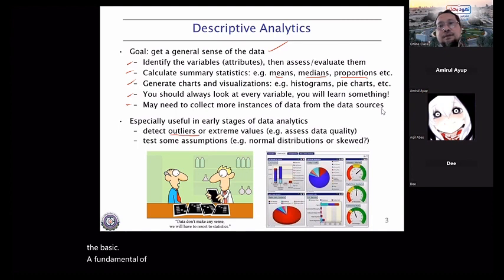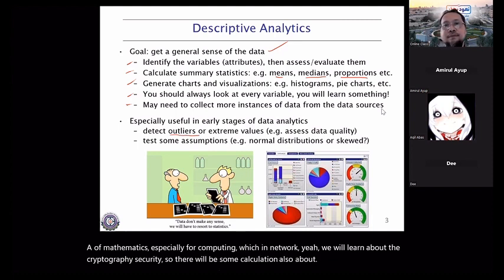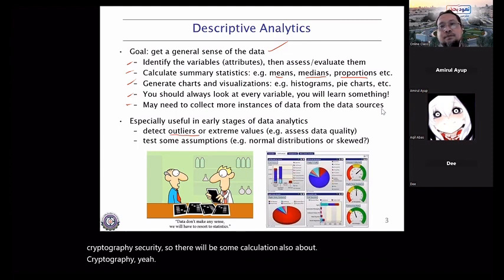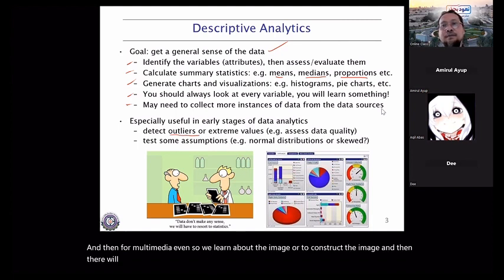In networking we learn about cryptography and security, so there will be some calculation. And for multimedia, we learn how to construct an image, and there will be mathematical operations as well.